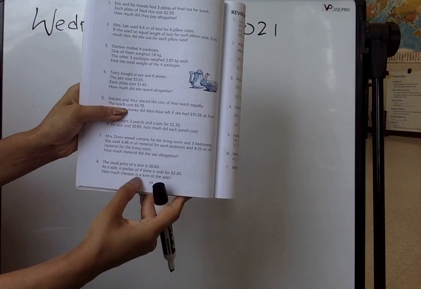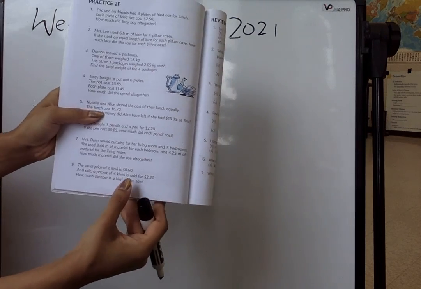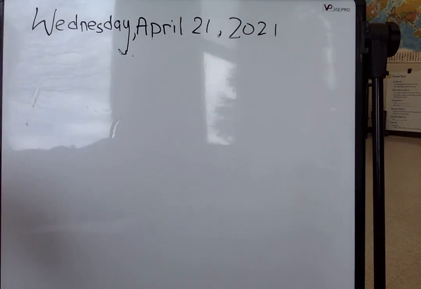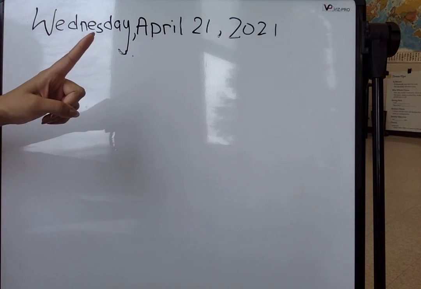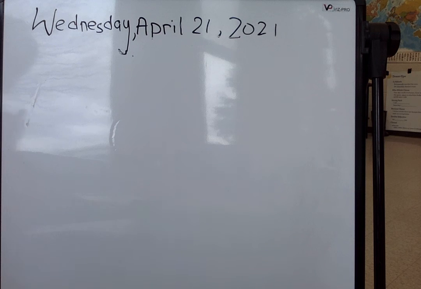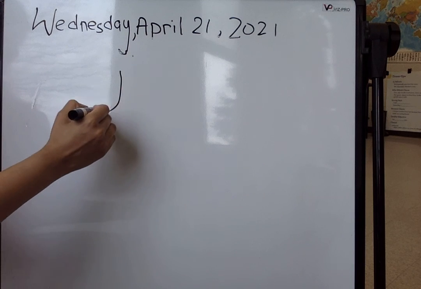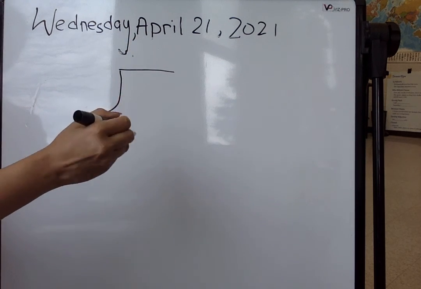How much cheaper is a kiwi at the sale? Okay. So for this one, we know that 4 kiwis cost $2.20. And we need to find out how much 1 kiwi would cost, right? So let's go ahead and divide. Again, this is a 2-part problem.